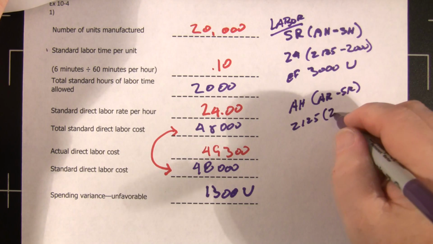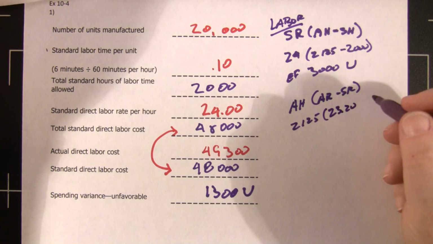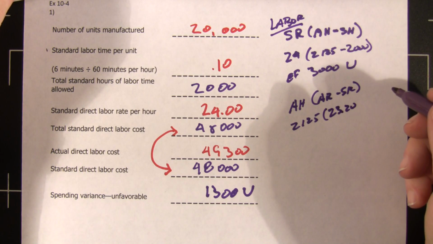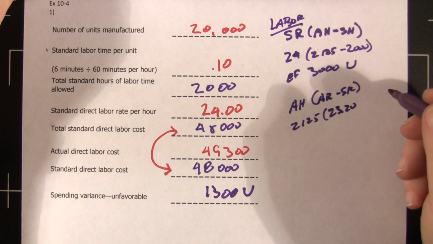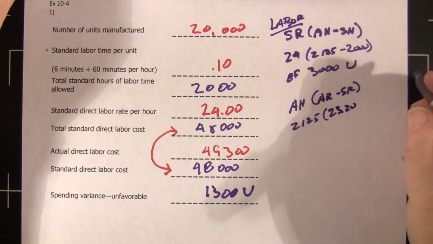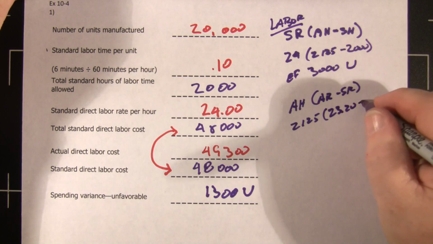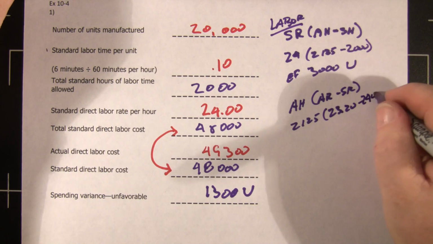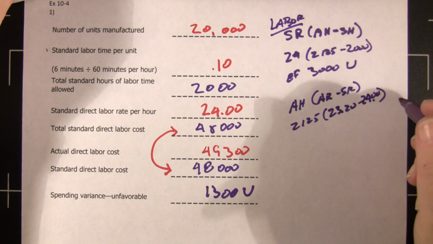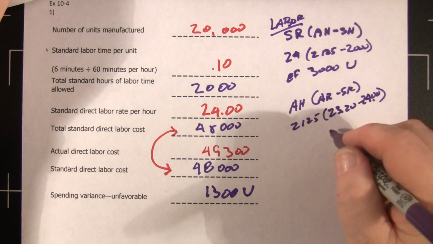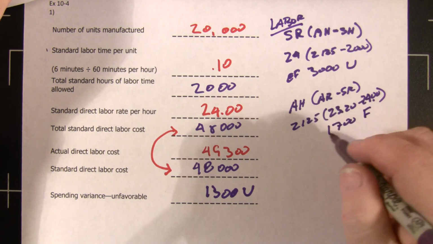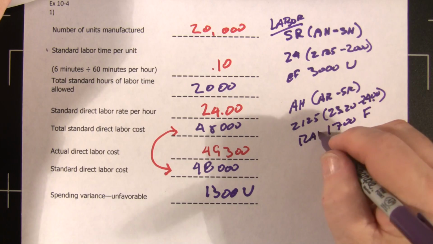The way we came up with that is we took the 49,300 that they gave us and divided it by the 2,125 that they gave us. And we're going to subtract from that $23.20 the $24 that we should have paid. And when we multiply that out, we come up with a $1,700 favorable rate variance.